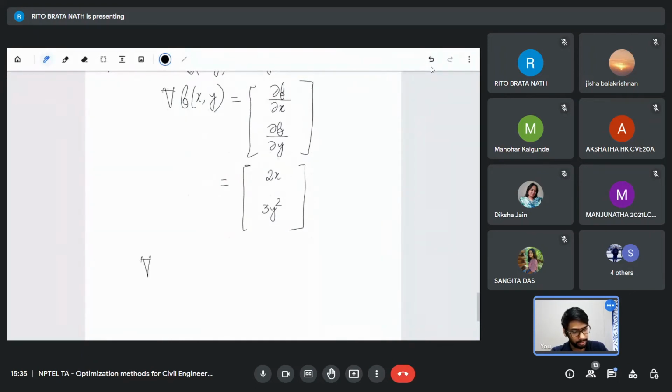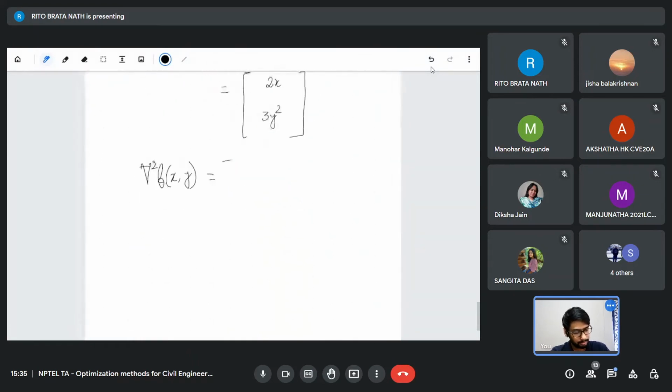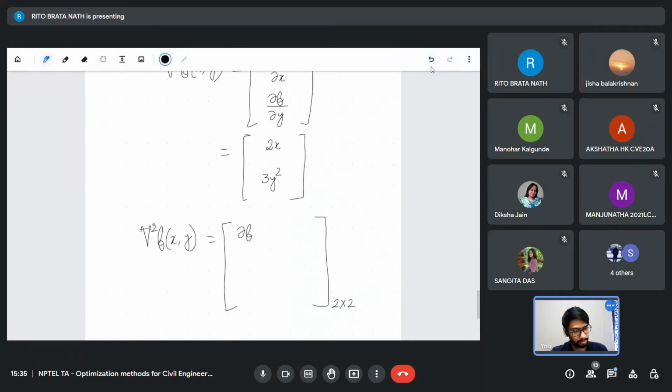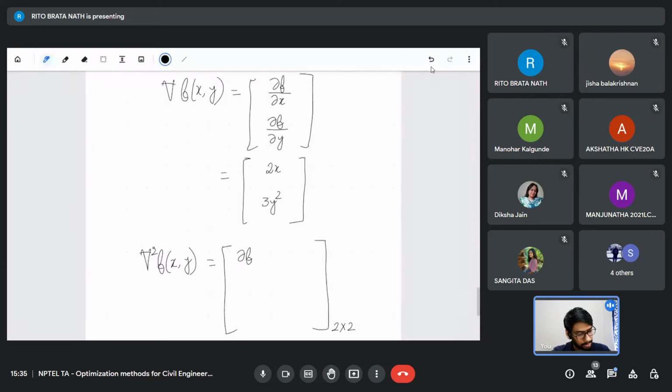You can write it as something like this. Now, this will be a 2 by 2 matrix. And as Diksha mentioned earlier, already you have this in this location. So what you do, you take the derivative again with respect to x here and also y. So this will become like this.